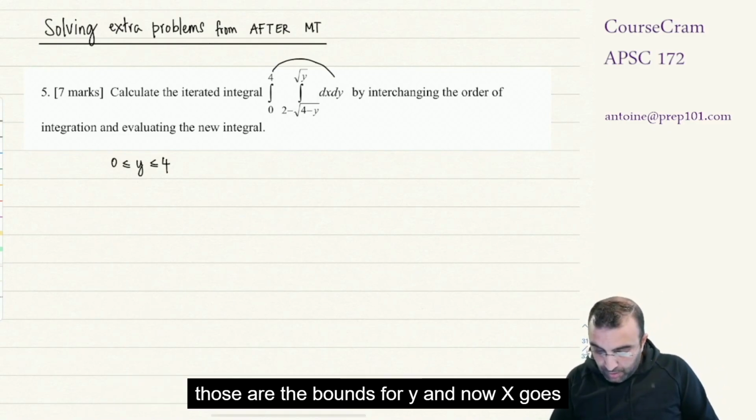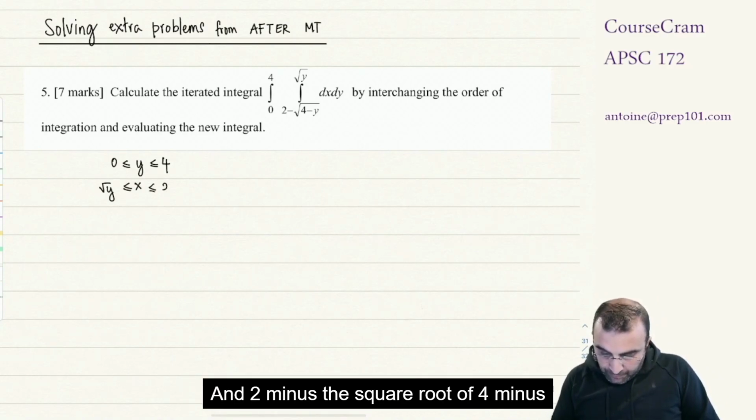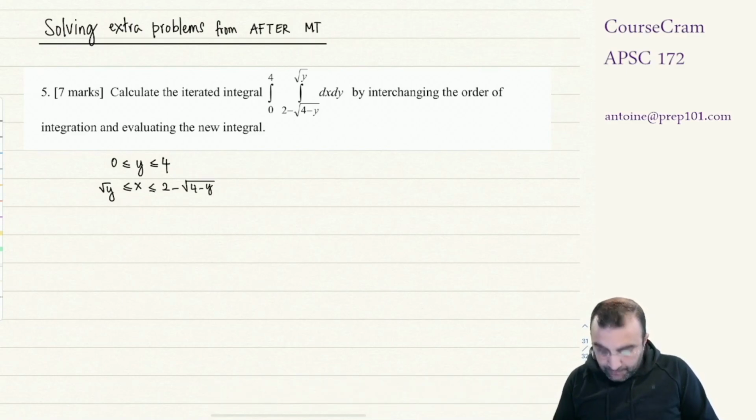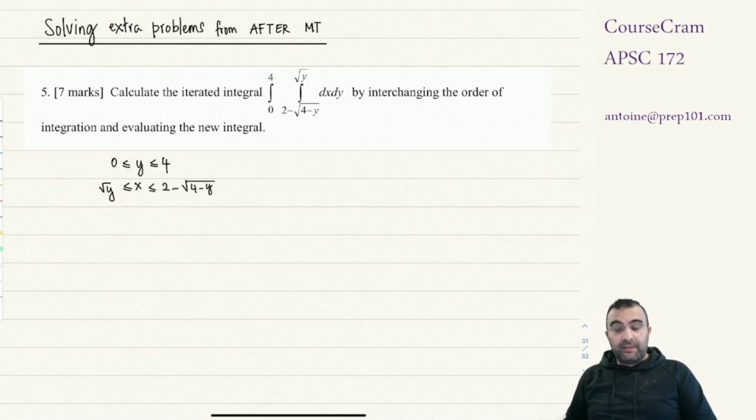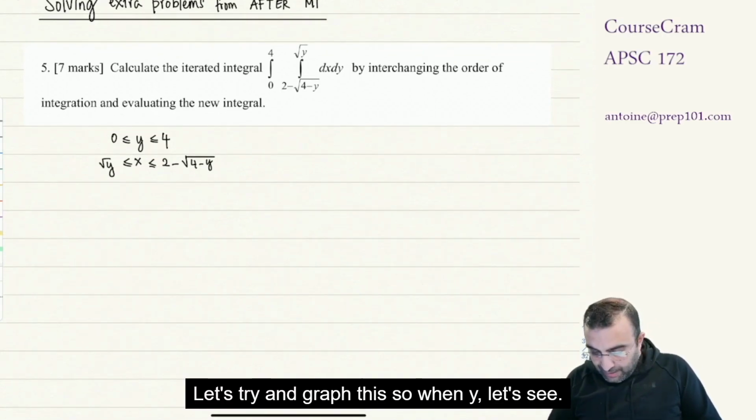So those are the bounds for y, and now x goes between root y and 2 minus the square root of 4 minus y. So they really didn't make it easy on this one. So let's try and graph this.